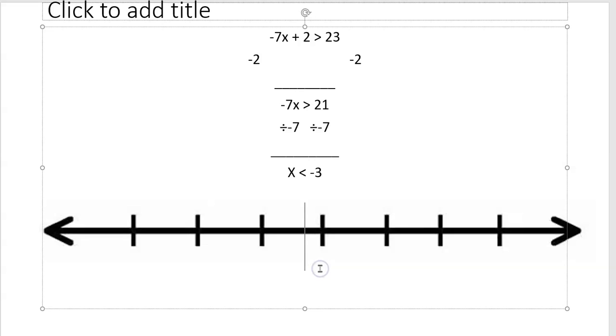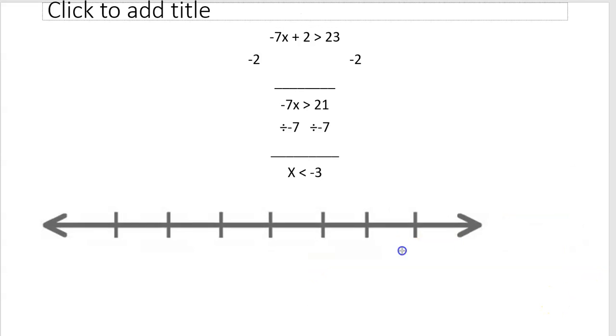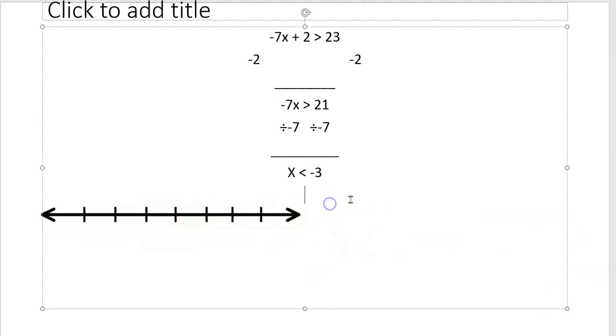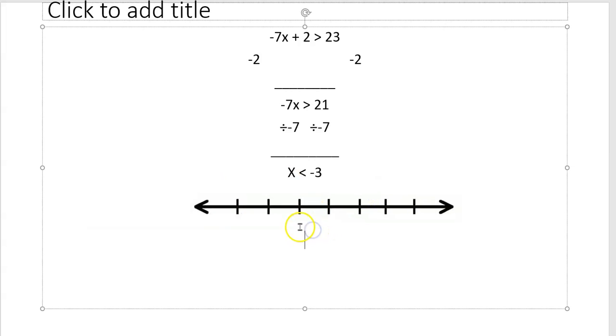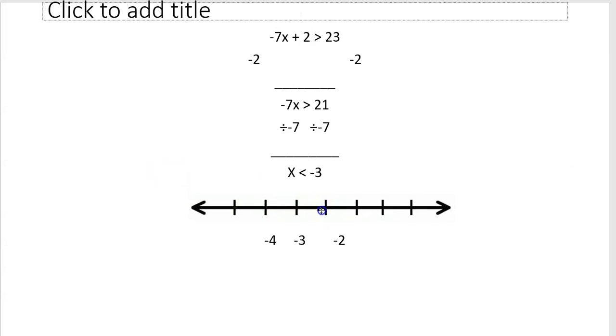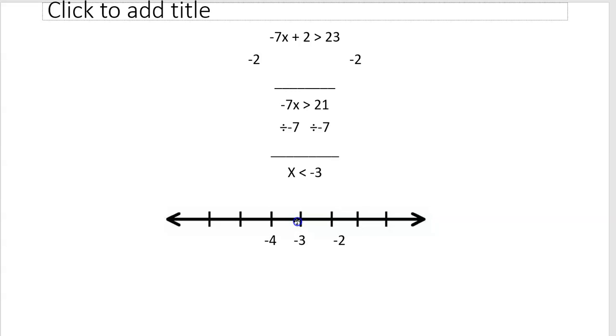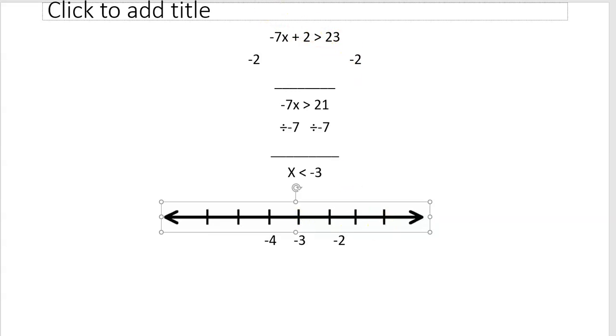Now when I go to graph, I'm going to make this smaller as well. When I go to graph, remember that negative 4 is less than negative 3, is less than negative 2. So those line up like that. And then I graph it by insert shapes.